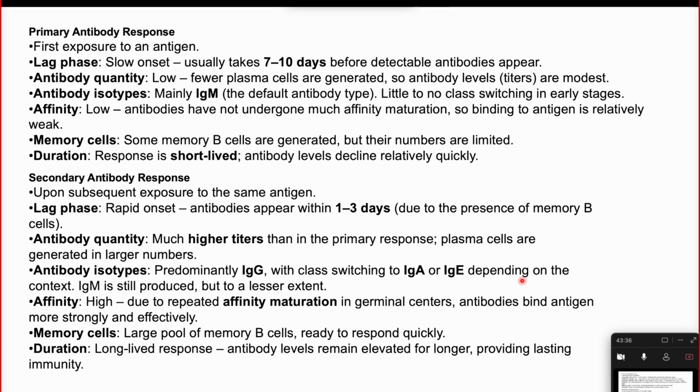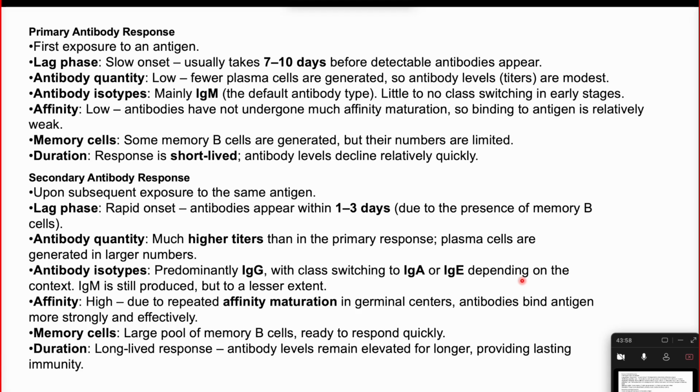The primary antibody response happens when there is first exposure of an antigen to the system. This graph we have already seen; now we are looking at it from a theoretical point of view.